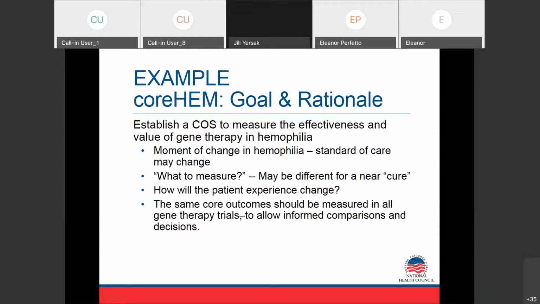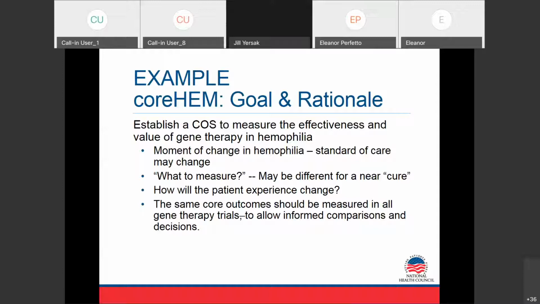But with the advent of gene therapies, which can be for many patients something close to a cure, that changes the standard of care, or has the potential to. It has the potential to change the way we do clinical trials for this condition. Because now if you have something like frequency of bleeds, if that goes to 0, is that a meaningful outcome in a clinical trial?